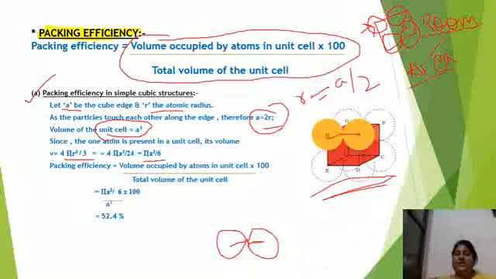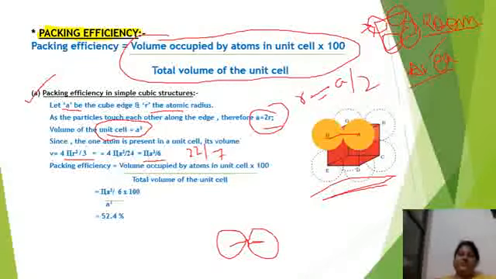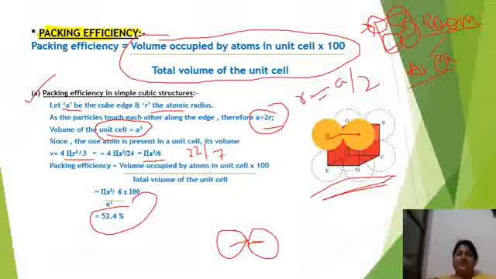We all know that the value of pi is 3.14 or 22 upon 7. After putting the value in the formula of packing efficiency, we got that the packing efficiency of simple cubic structure is 52.4%.